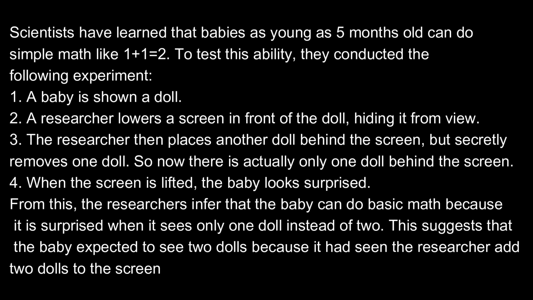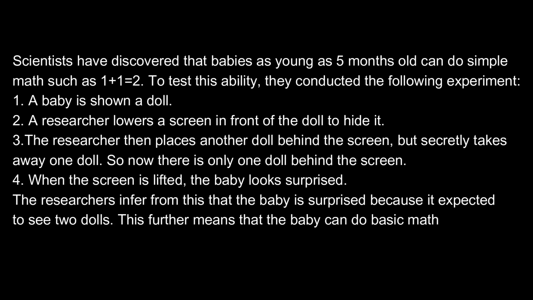This suggests that the baby expected to see 2 dolls, because it had seen the researcher add 2 dolls to the screen. Scientists have discovered that babies as young as 5 months old can do simple math, such as 1 plus 1 equals 2. To test this ability, they conducted the following experiment. 1. A baby is shown a doll. 2. A researcher lowers a screen in front of the doll to hide it. 3.